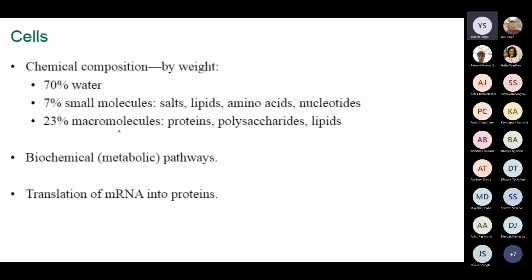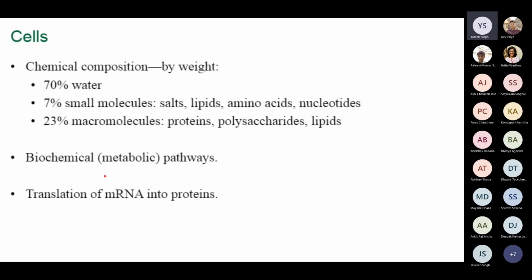And about 23%, or a quarter of the cell, is made up of macromolecules, which are nothing but polymers of these small molecules. There are four major polymers: proteins, polysaccharides, lipids, and then nucleic acid polymers, DNA and RNA.